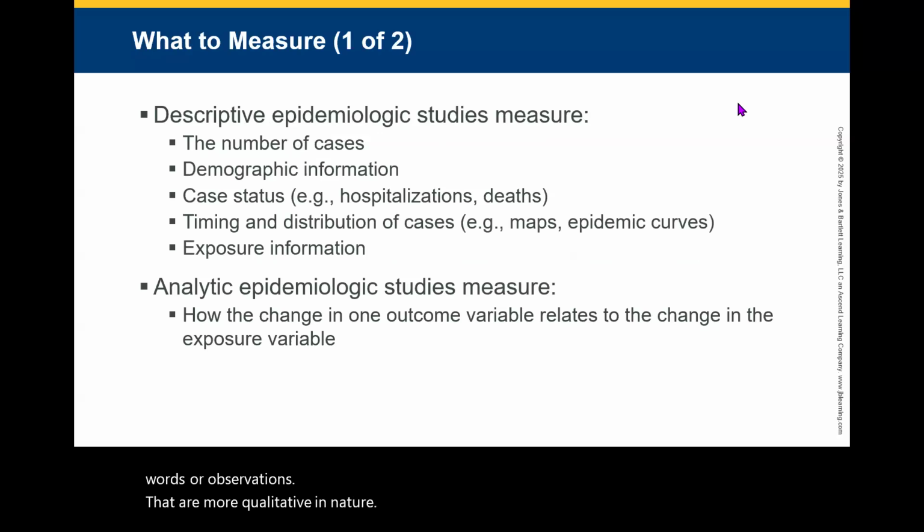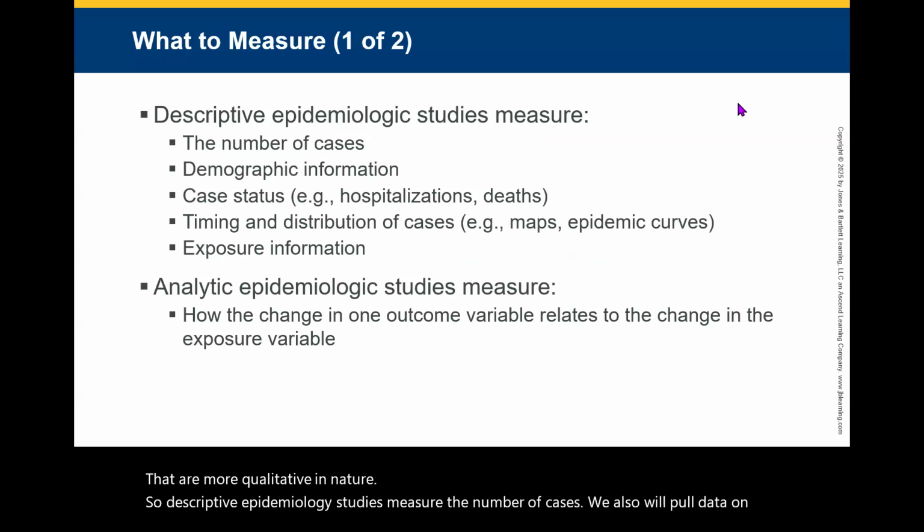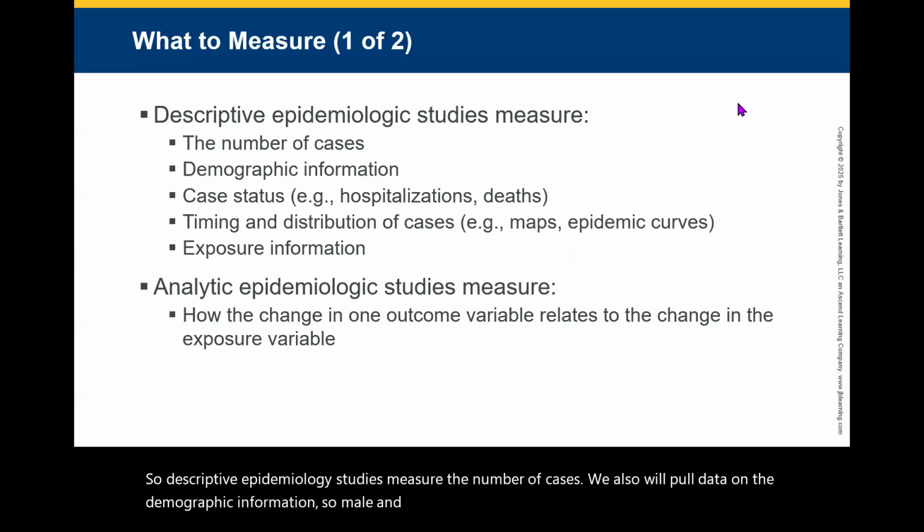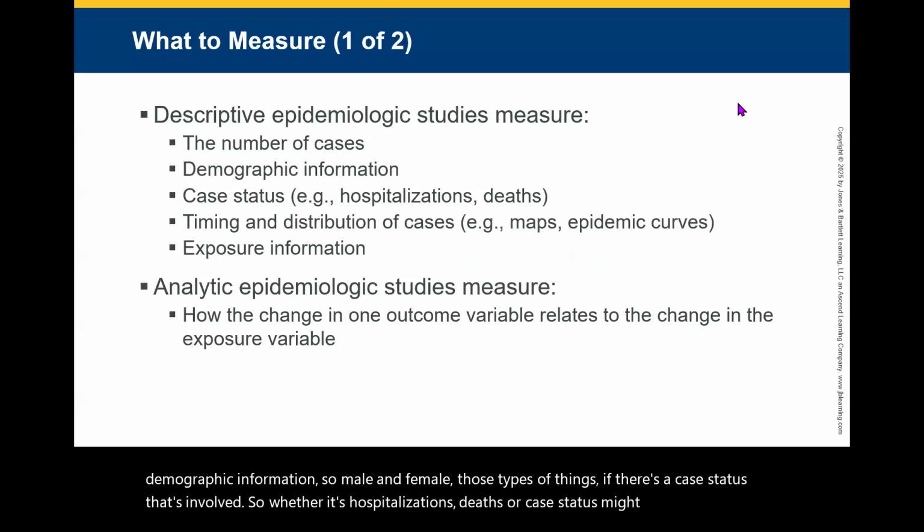So descriptive epidemiology studies measure the number of cases. We also will pull data on the demographic information, so male and female, those types of things. If there's a case status that's involved, whether it's hospitalizations, deaths, or case status might be university students.